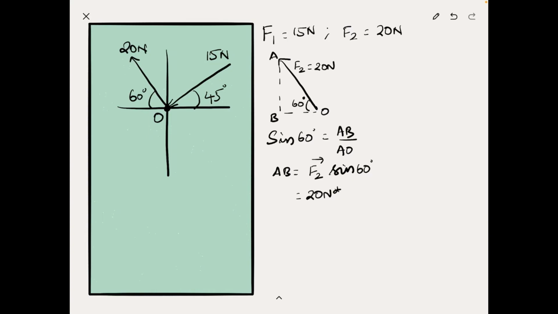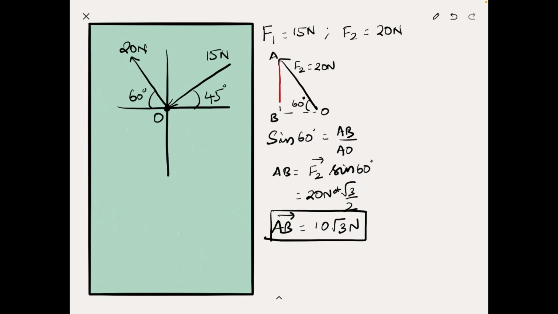Sine of 60 is root 3 by 2. So AB vector in this case would lead us to 10 times root 3 newtons. Right, now let's draw this AB vector in our virtual triangle.